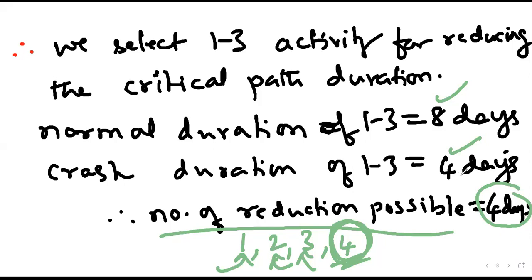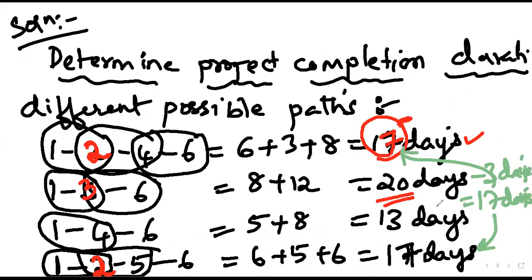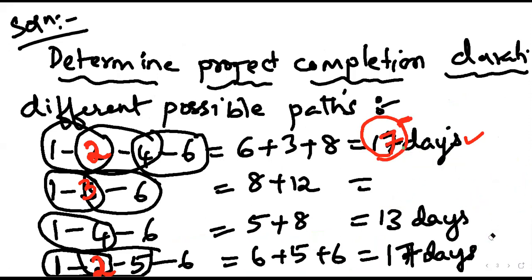Sir, what if in the first step itself we have the same durations? Let us assume that the first step itself had 17.